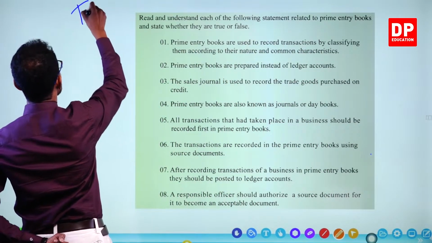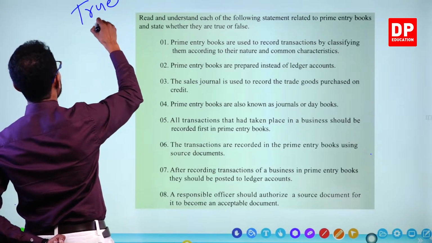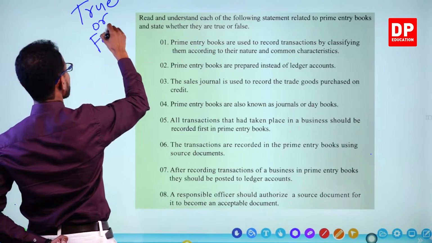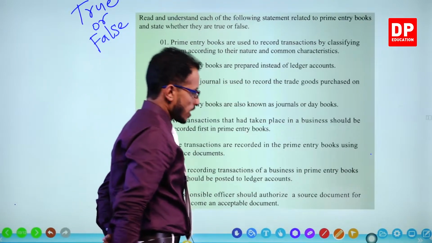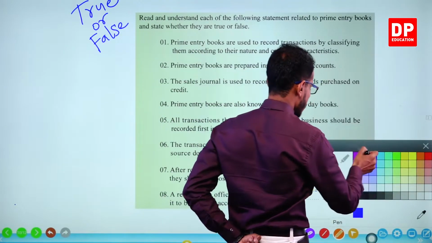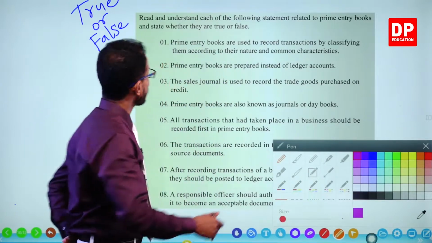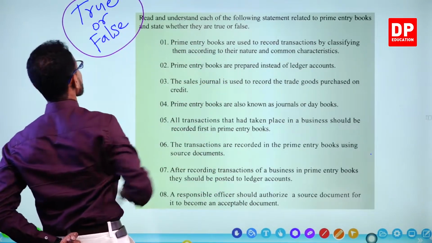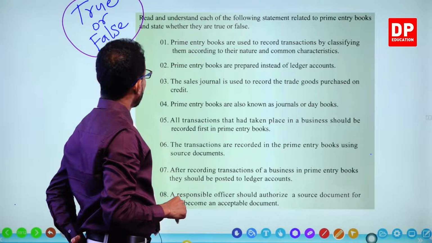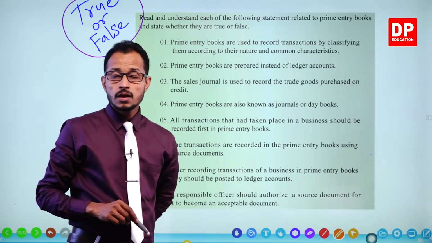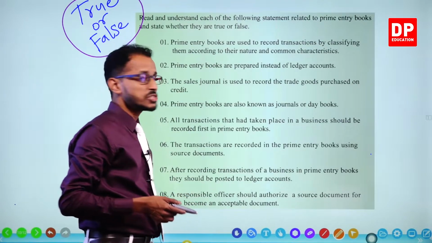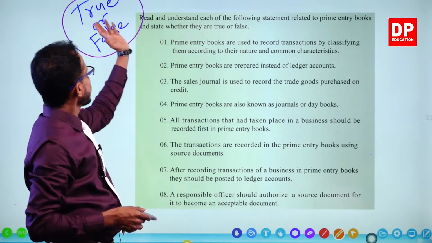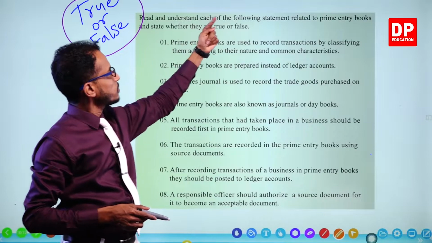True or false exercise. It appears in your textbook. This is from your textbook. Yeah, so without further explanations, let's just start the question. You have to read and understand each of the following statements.